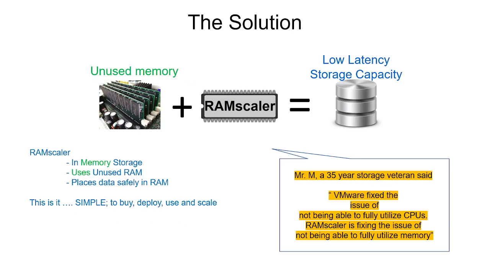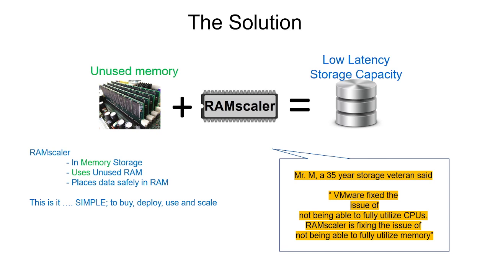So the solution, as I've outlined, is unused memory plus RAMscaler software equals low latency storage capacity. We provide low latency storage from unused memory, and we provide it with high levels of compression so that we can present high levels of storage capacity from small amounts of available memory that are clustered together across all of the servers in a data center.